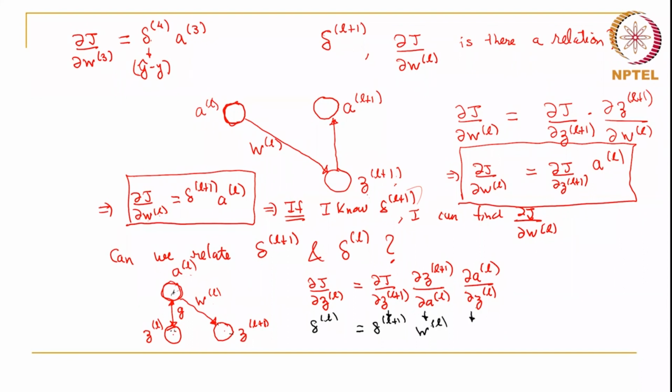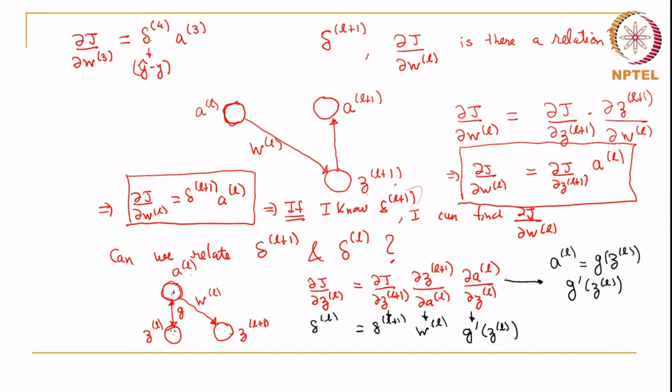What about this? Remember, AL equal to G of ZL. So this term becomes G prime of ZL, which we can calculate analytically. G prime, if I know sigmoid, I know its derivative. You can calculate what the derivative of a sigmoid is and evaluate it at the point ZL.